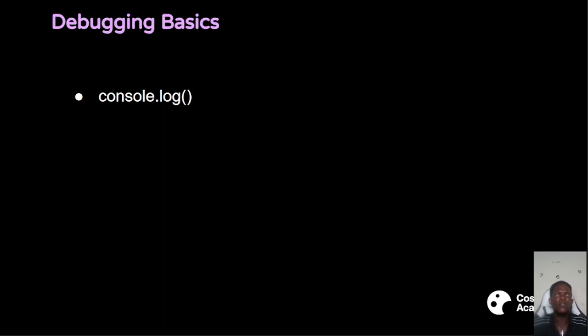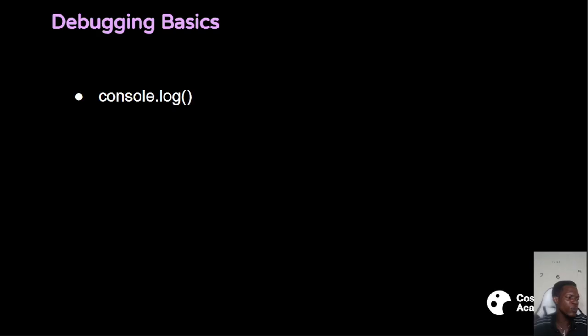So maybe you did a particular task or implementation, and it wasn't showing on your screen. You can as well console.log that particular function or variable to see if it's actually coming up on the screen first of all, and you can go ahead and know where the issue is coming from.